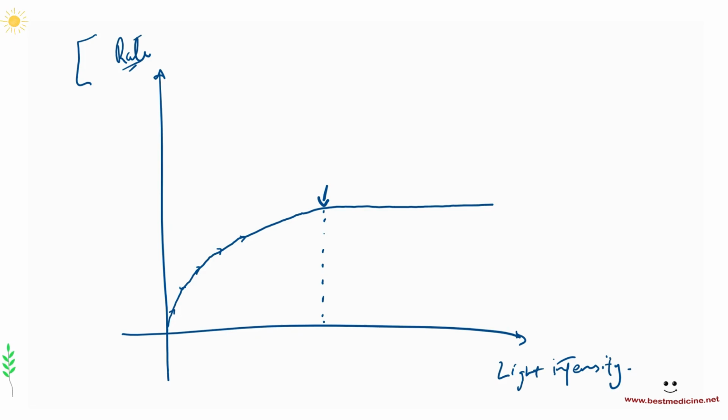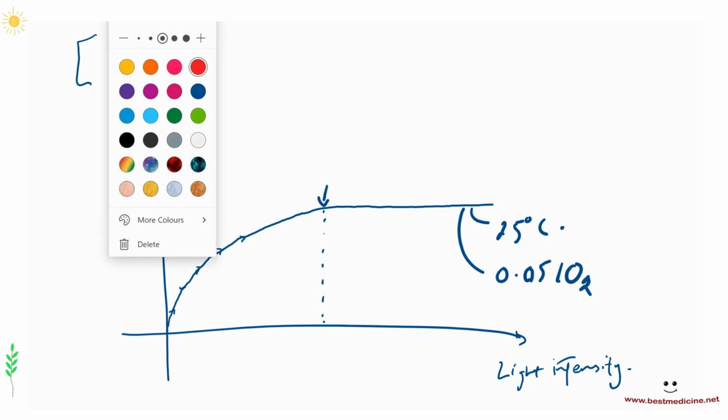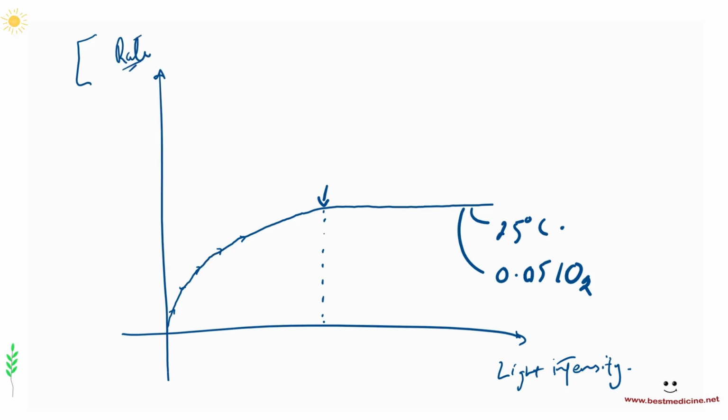Let's say we're conducting this particular experiment at 25 degrees Celsius, room temperature, at around 0.05% CO2 in the atmosphere, with adequate water. If we increase the light intensity, photosynthesis increases until this point.